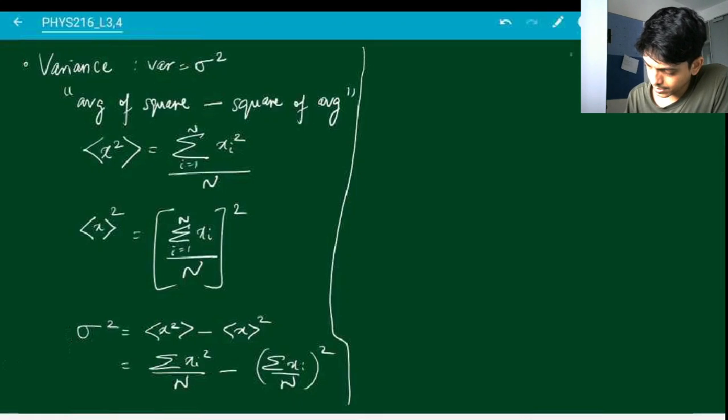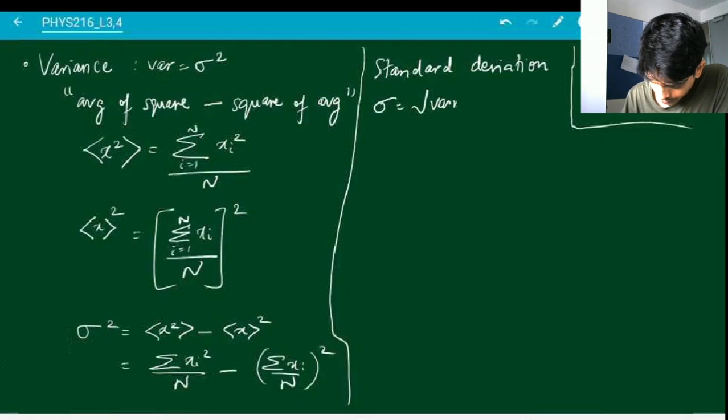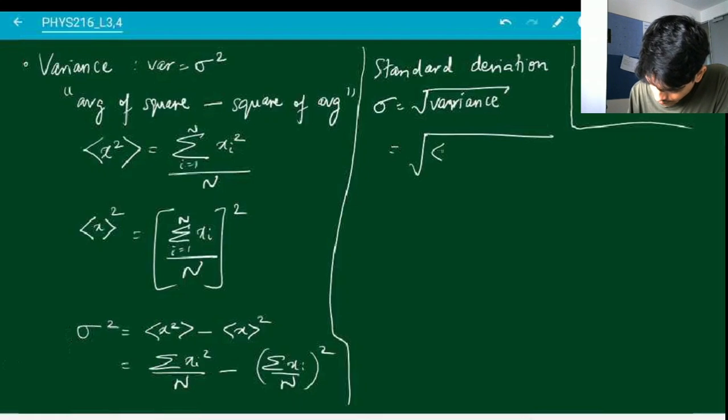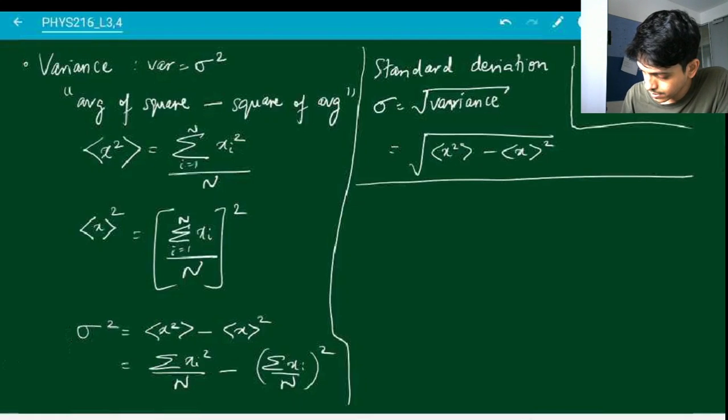And standard deviation, as I said, is defined as the square root of the variance. There is one more way of defining the standard deviation, which is as follows.